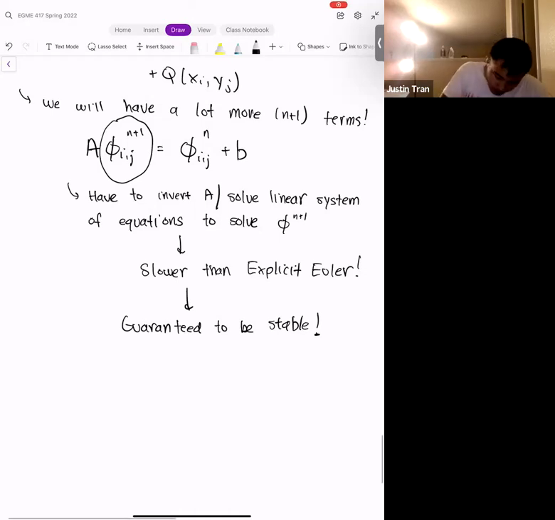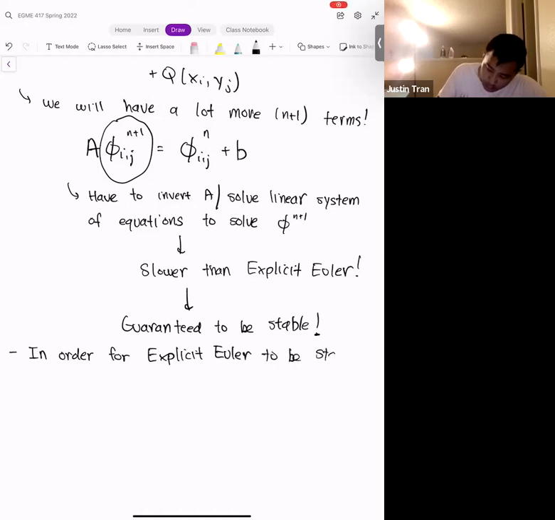On the flip side, in order for explicit Euler to be stable, the time step size has to be small enough.